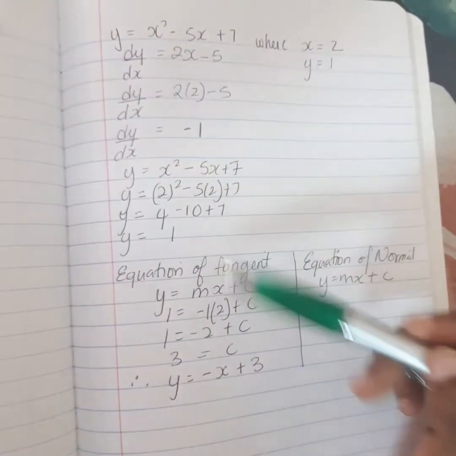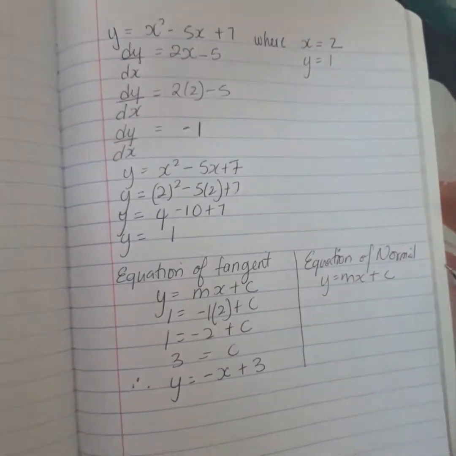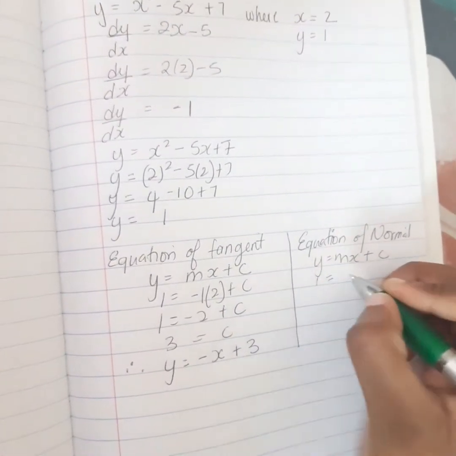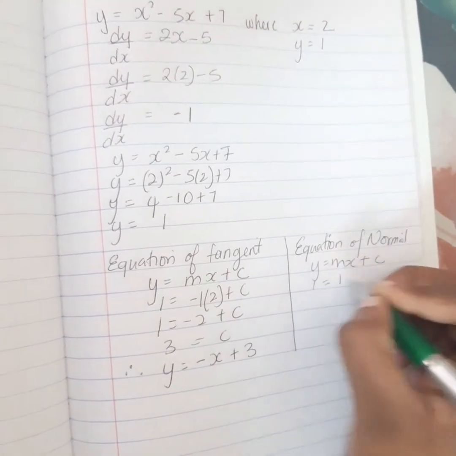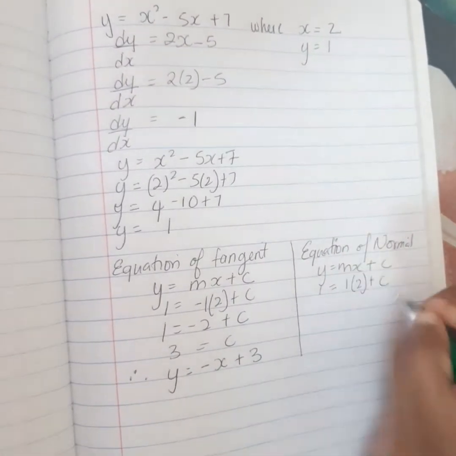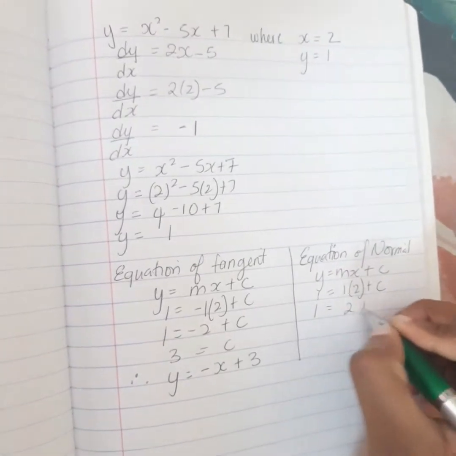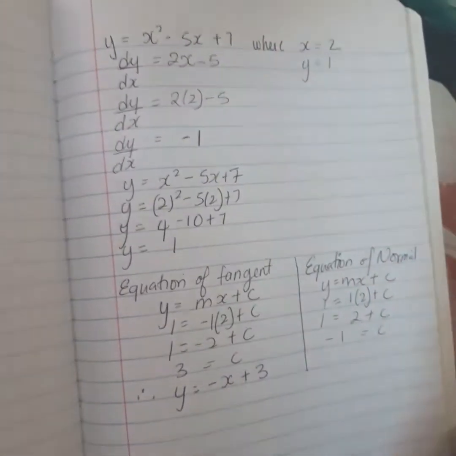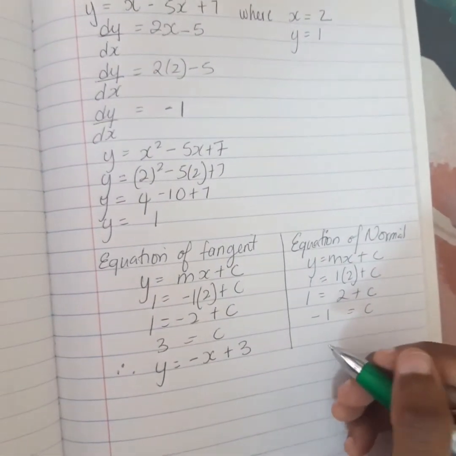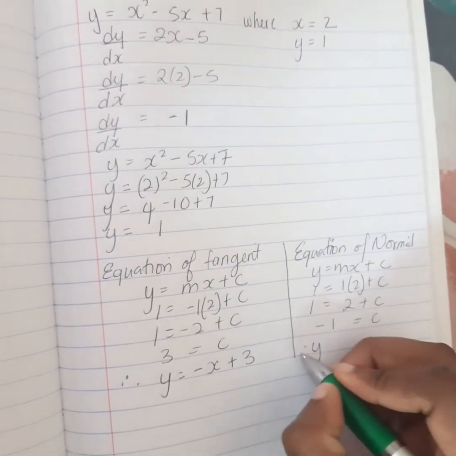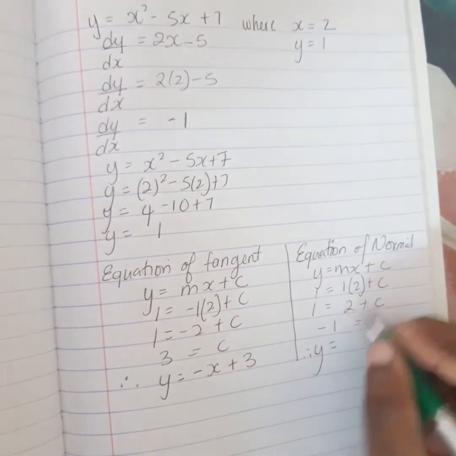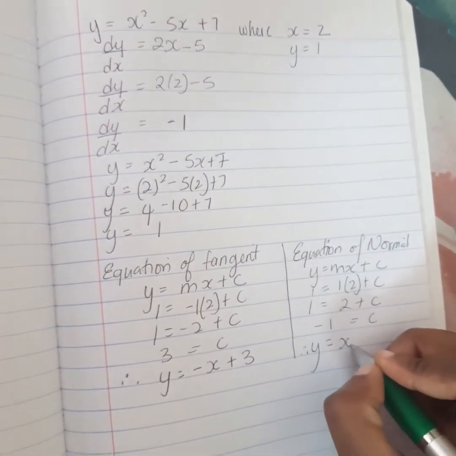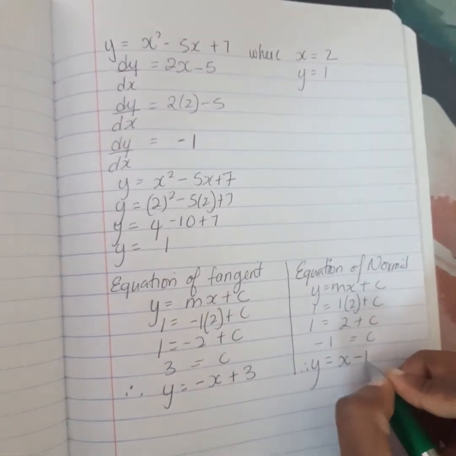So the gradient of the tangent is minus 1, therefore the gradient of the normal is going to be 1. Our y value is 1, is equal to 1, our x value is 2, plus c. So we have 1 is equal to 2 plus c. C is therefore equal to minus 1, so we can go ahead and write our equation of the normal. Therefore y is equal to our gradient 1, so x minus 1.